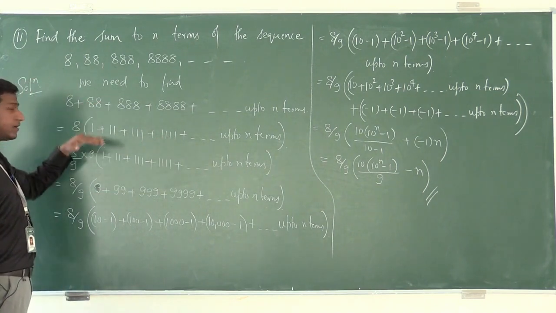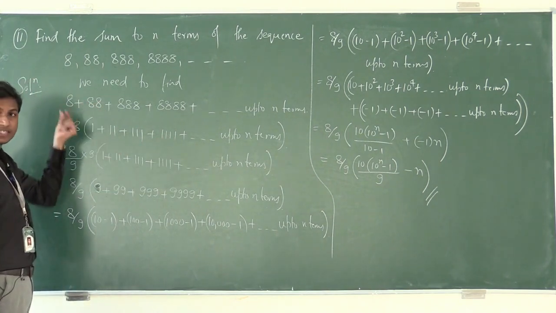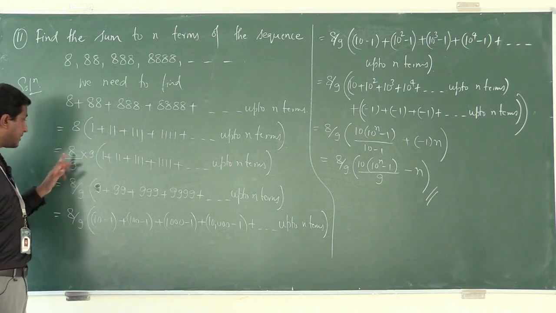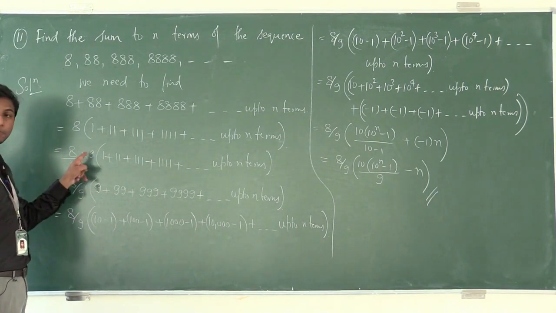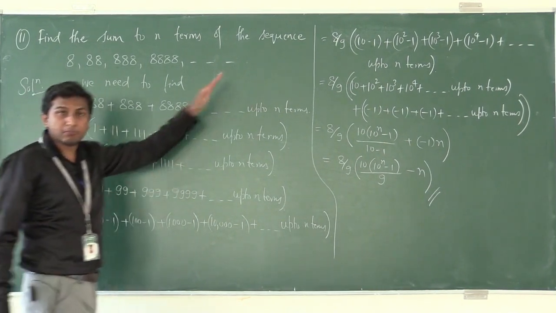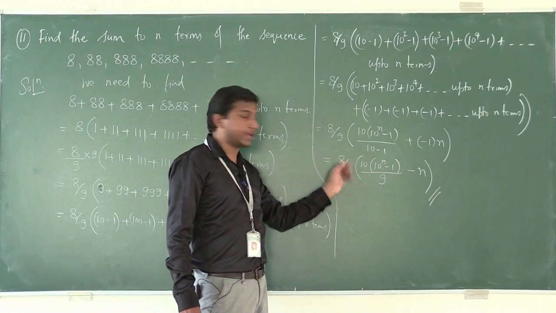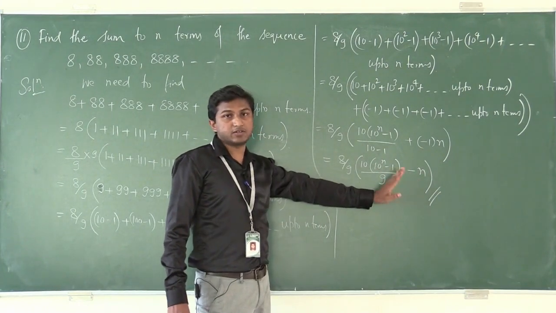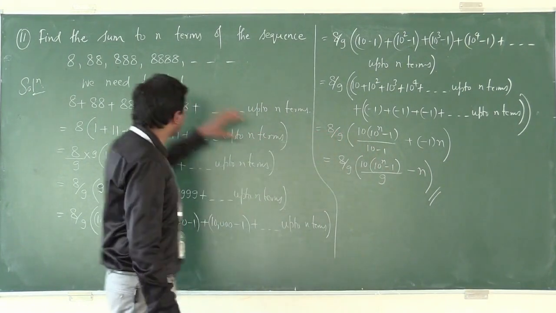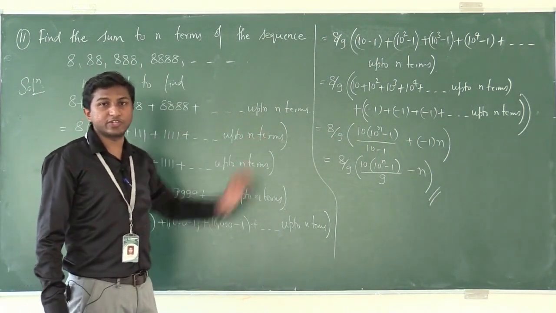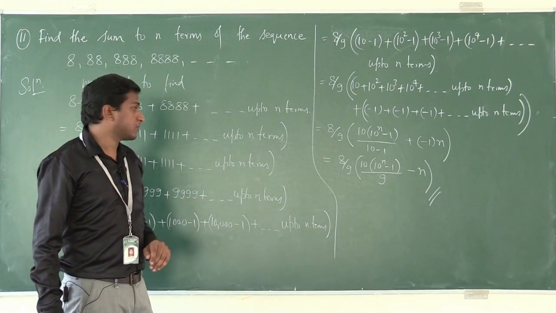First step is taking 7 common, then multiplying and dividing by 9, keeping this 9 as it is, multiplying with this 9. With the same method, the answer you will get is 7 by 9 into the same term. So whatever be the sequence, you follow the same method for this particular problem.